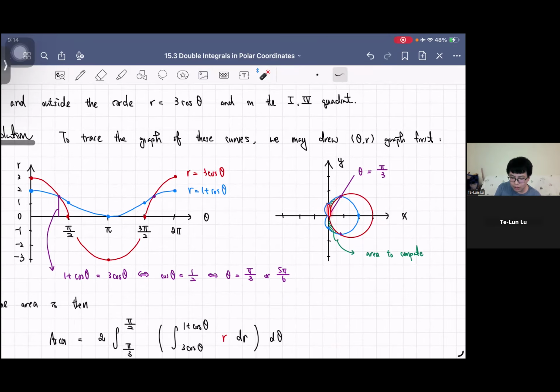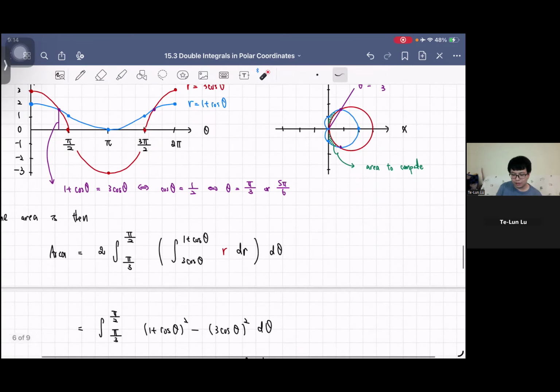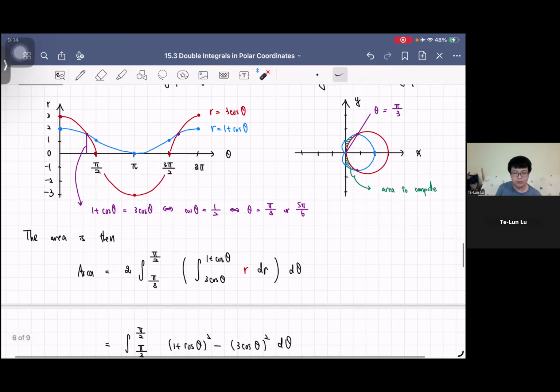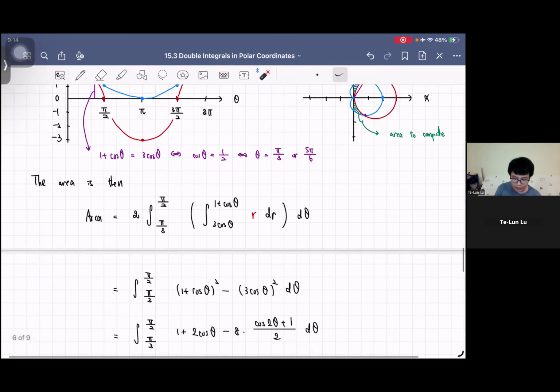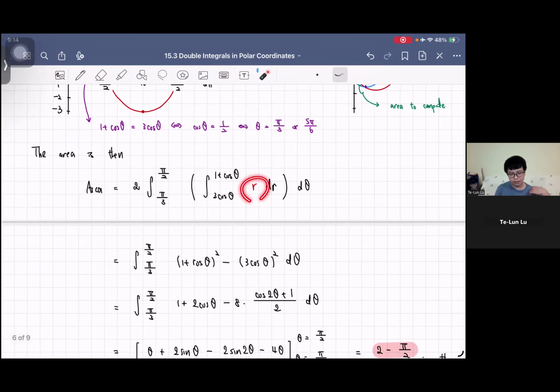You can obviously compute this by integrating 1 plus cosine over pi over 2 to 3 pi over 2, which is this part. But I don't want to do that here. I just want to follow the slide here. So you see that when we're evaluating this, then r gives you half of r squared, right? The half cancels out with this 2, and you have r squared minus r squared.